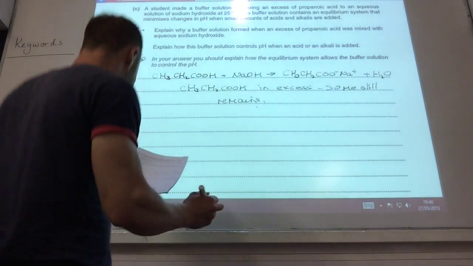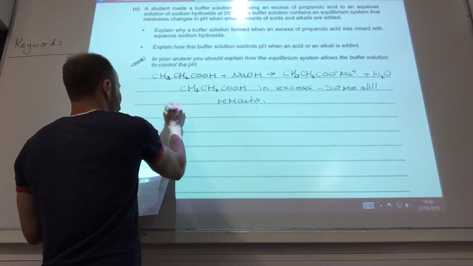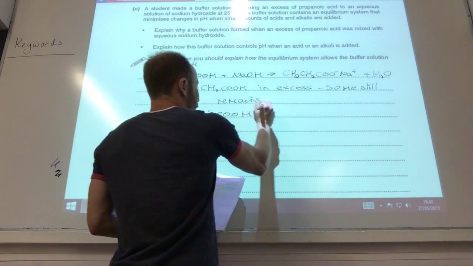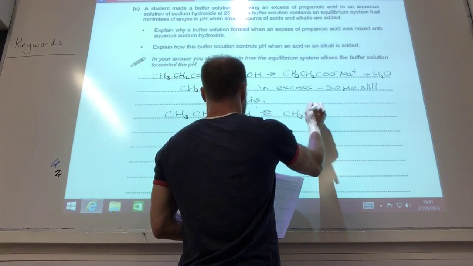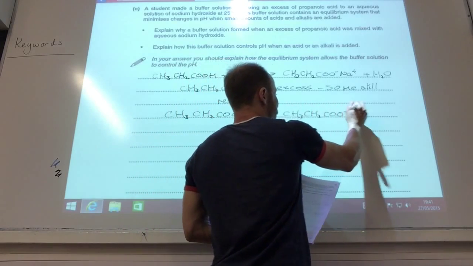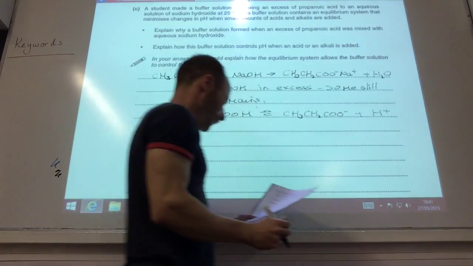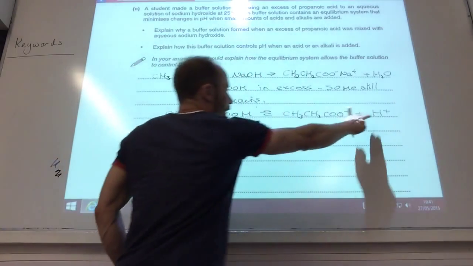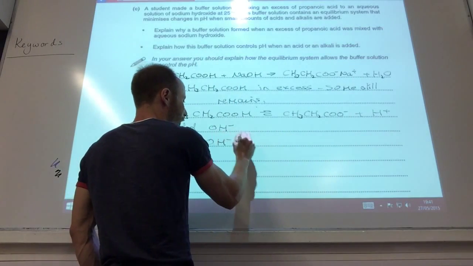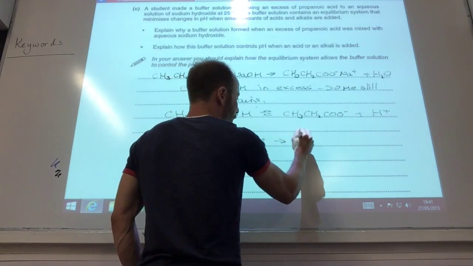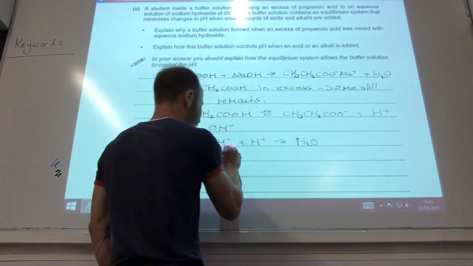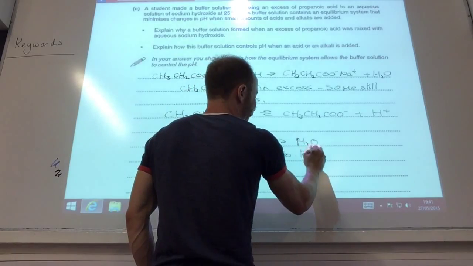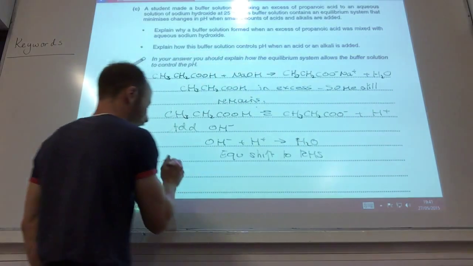Right, once you've got that, you can then do your buffer equation. So propanoic acid is in equilibrium with propanoate plus H plus. And then you can say if you add OH minus, that's going to react with the H plus to give you water, and the equilibrium will shift to the right hand side to replace the H plus.